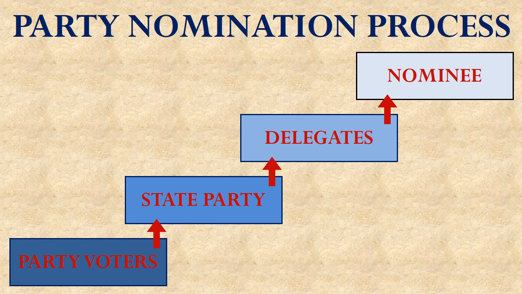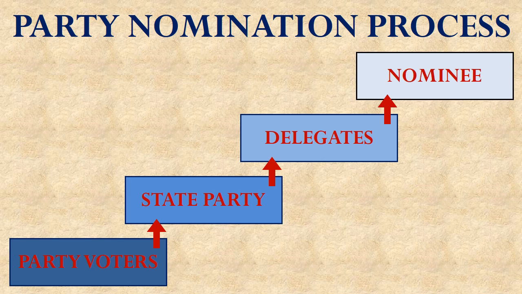But the state political party, in making that choice of delegates, takes into consideration the preferences expressed by party voters during what's called the primary and caucus process, which I'll talk about in just a moment. So much like the Electoral College, at the base you have voters who are expressing their preferences for who they want to be elected.